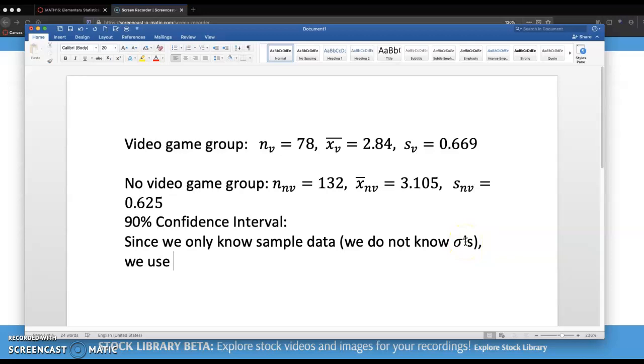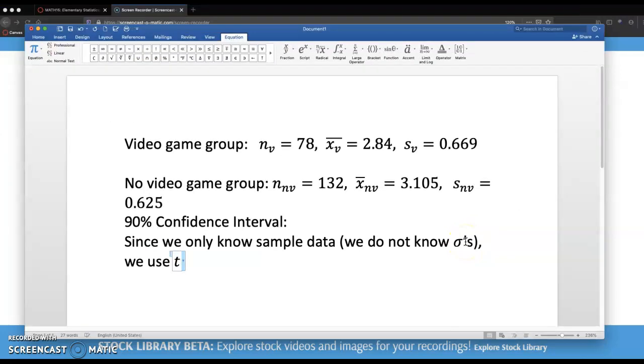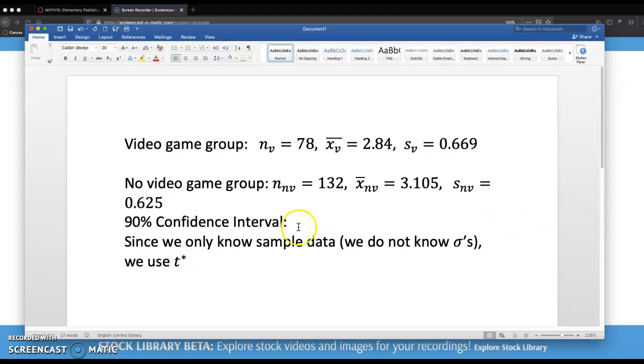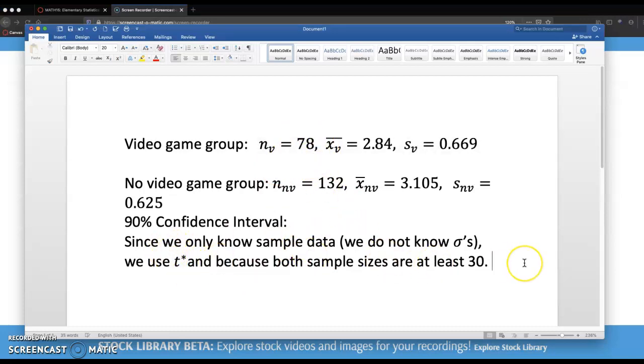We need to use t star. So two reasons: we only know sample data, so use t star, and because both sample sizes are at least 30. We've got 78 and 132. So we can use the t star.